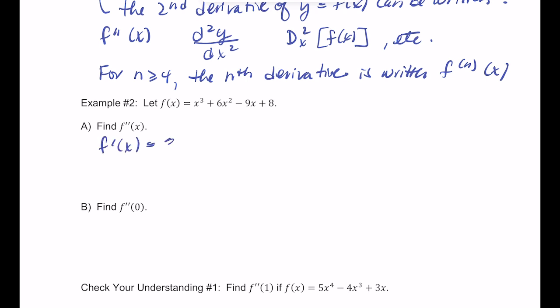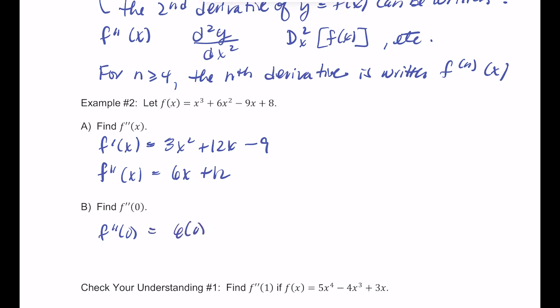So the first derivative would just give me 3x squared plus 12x minus 9. And then I'm going to take the derivative of that, which would give me 6x plus 12. Okay, and I want to find f double prime of 0, so all I have to do is plug 0 into my second derivative, and we get 12.